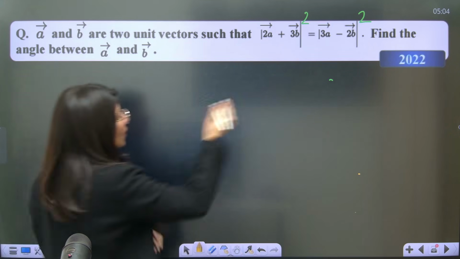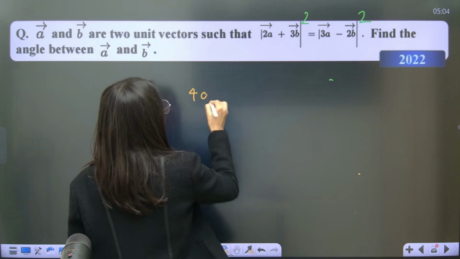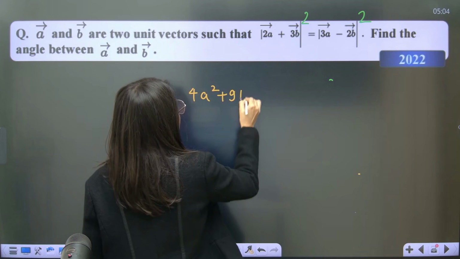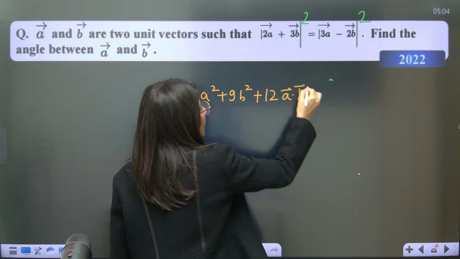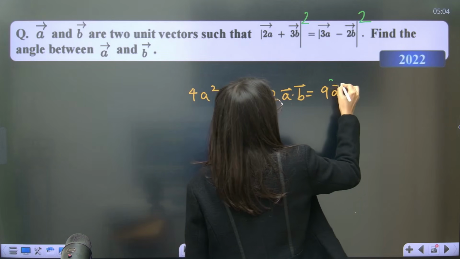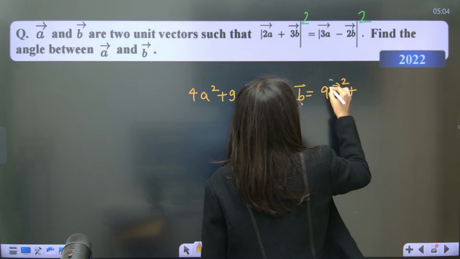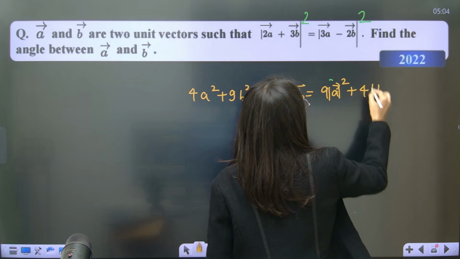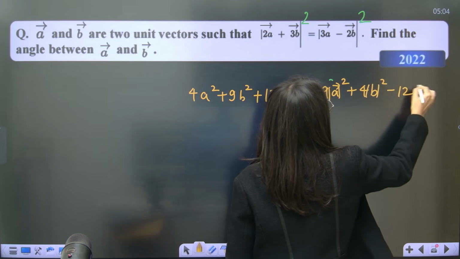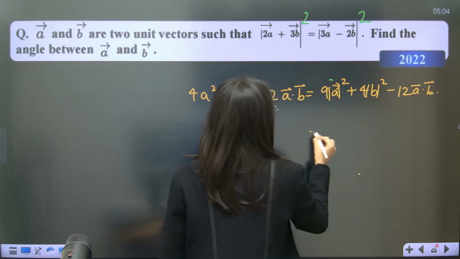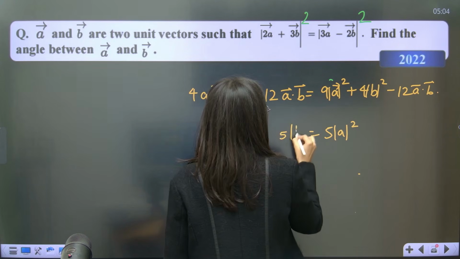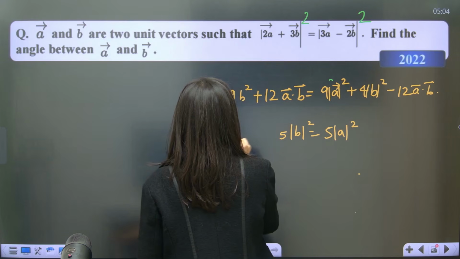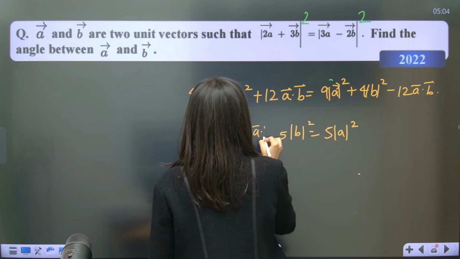Okay, square it both the sides. 4a square plus 9b square plus 12a dot b is equals to 9a square plus magnitude 4b square, and this is minus 12a dot b. Correct. So this is 5 magnitude of a square, 5 magnitude of b square, and this is plus 24 a dot b was already there.